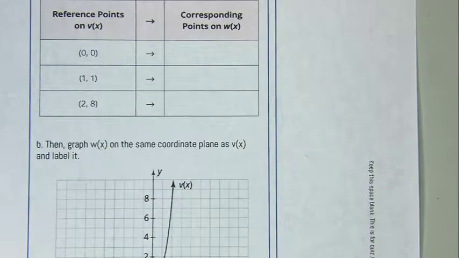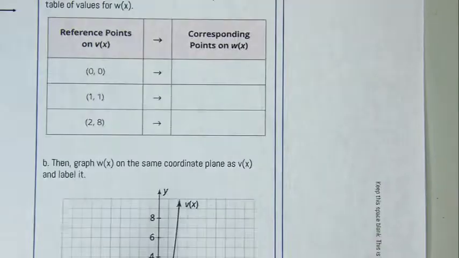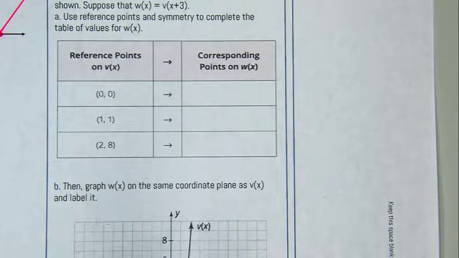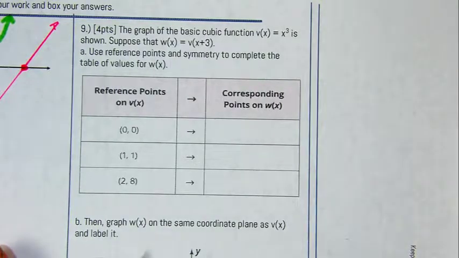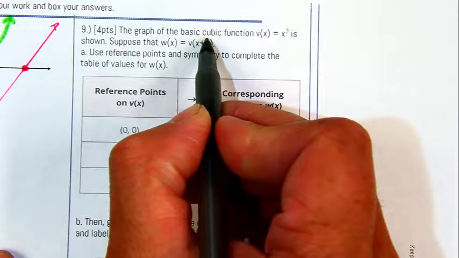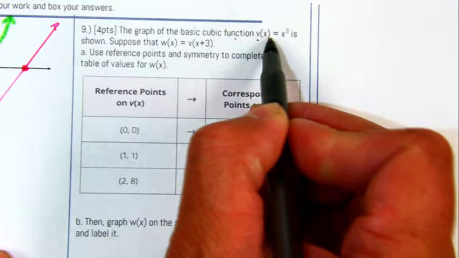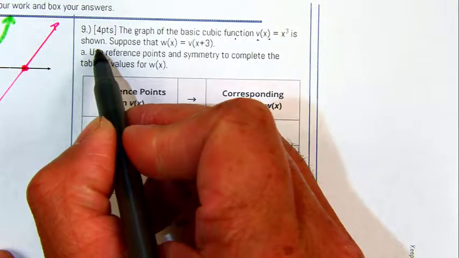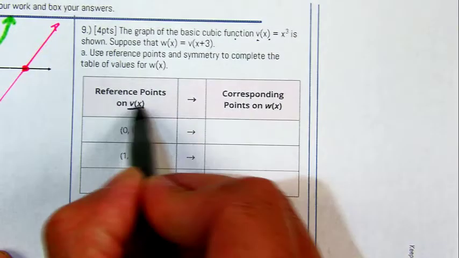Question number 9. The graph of the basic cubic function v of x equals x cubed is shown. So I know this is x cubed.